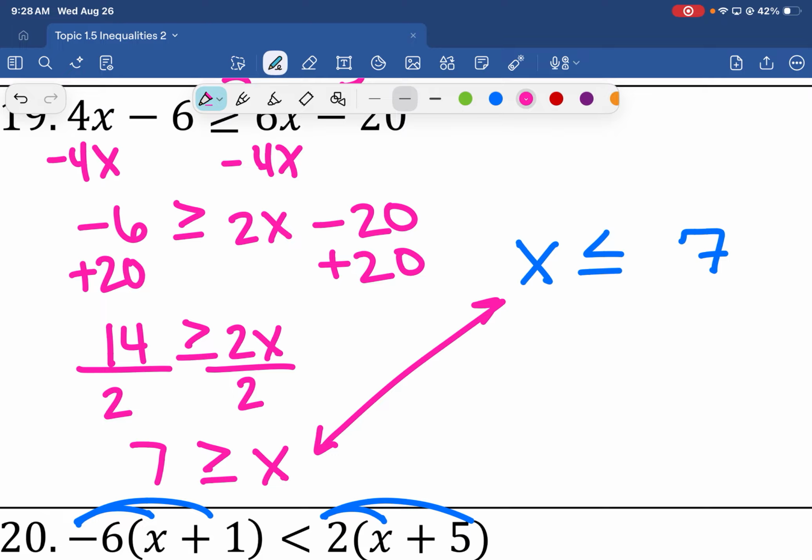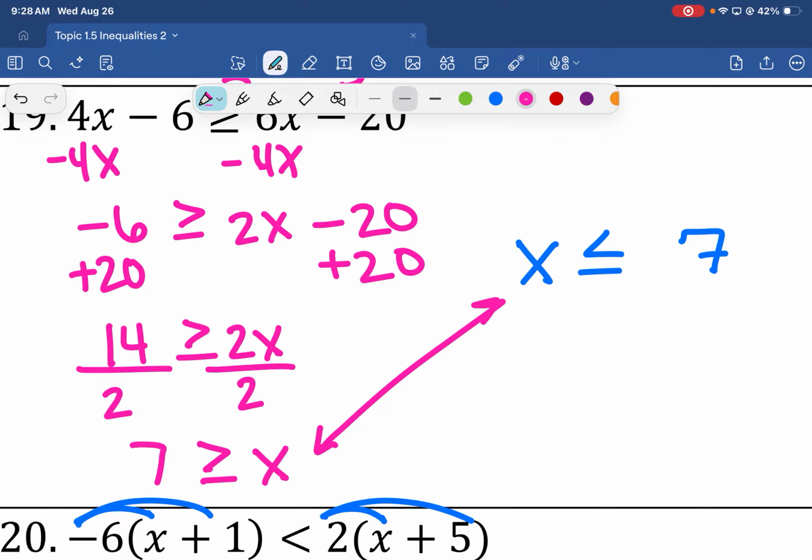Now, with our closed circles, that's where we have less than or equal to, greater than or equal to. And we always use brackets with those. Oh, okay, I see. Thank you so much. Yes, ma'am.